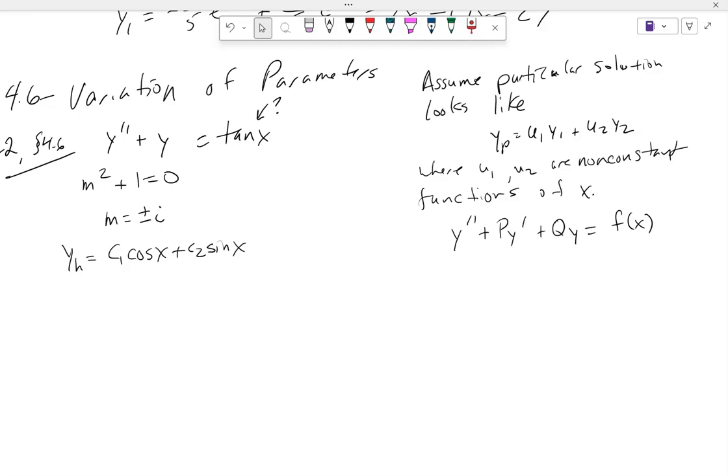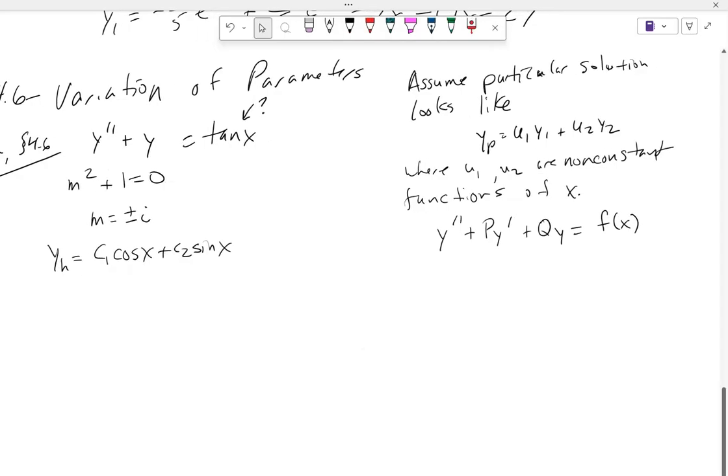Again, the particular solution has to work, right? When I do the second derivative here, first derivative here, original function here, it has to work. So let's look at what happens when we take the first derivative. I'll just write it this way.